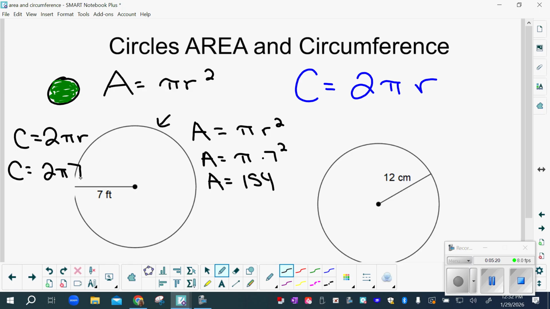It is 7. So, 2 times pi times 7. And you know what? The calculator does the whole thing. I got 43.9. Yep. 43.9. Round it up. 44.